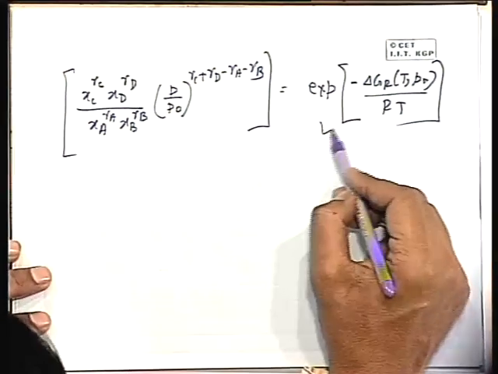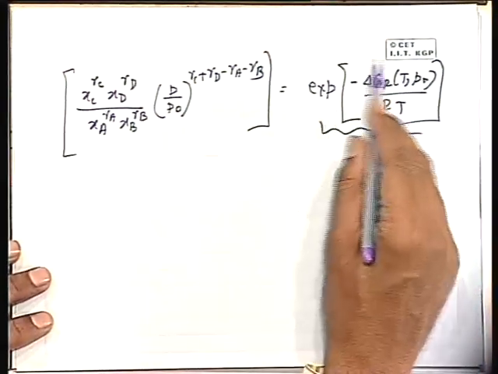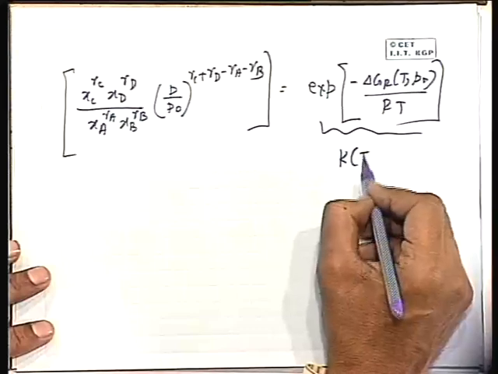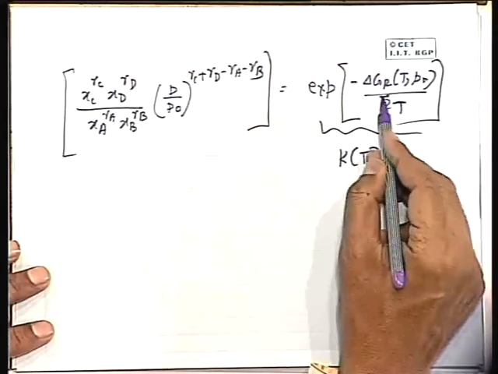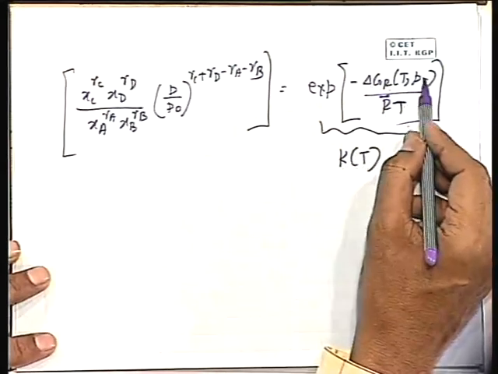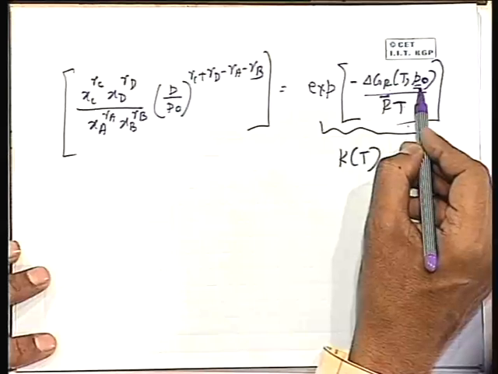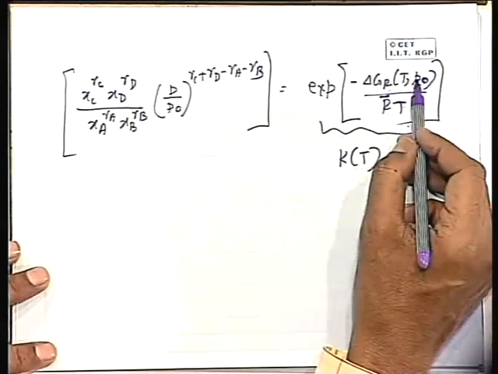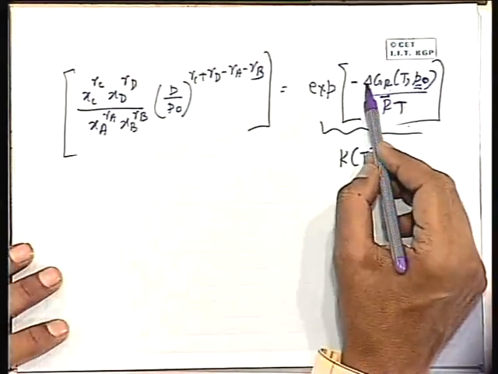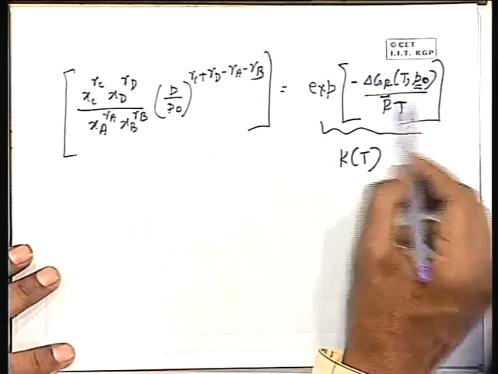Now this part you see is a function of temperature. So delta G_R at T,P0, this is a standard pressure, reference pressure, it is a function of temperature. Temperature is fixed, then the Gibbs function of reaction is fixed.